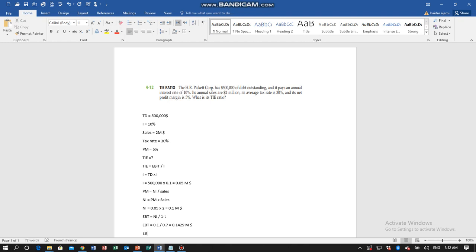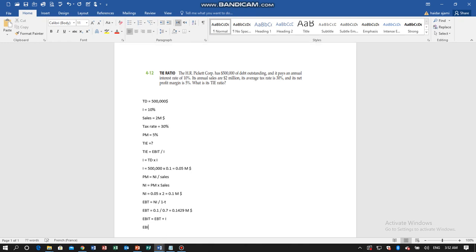Now we can calculate earnings before interest and tax, which is equal to the earnings before tax plus the interest we calculated before, 0.05.